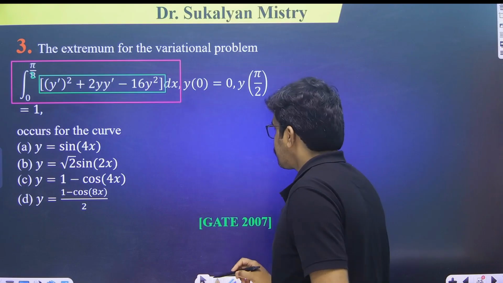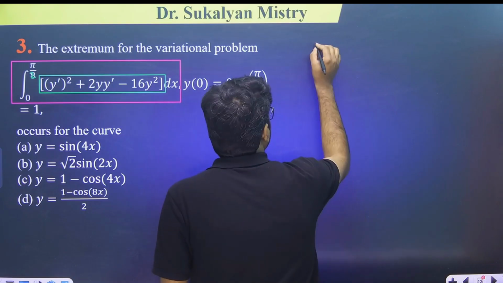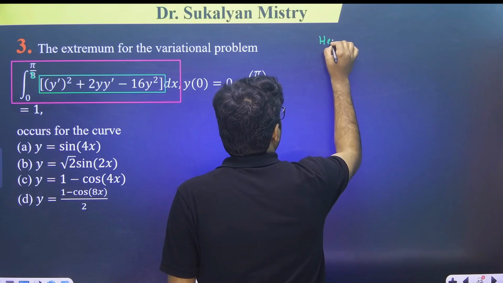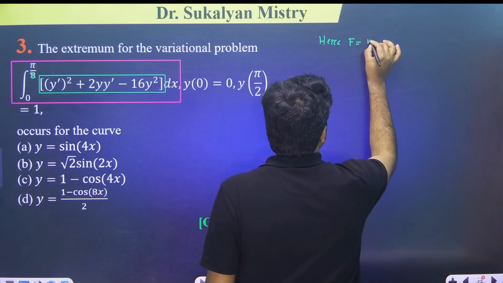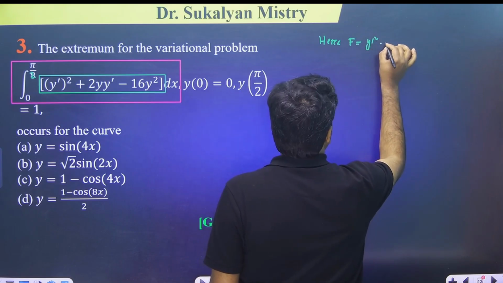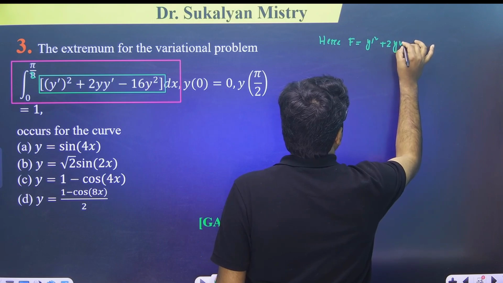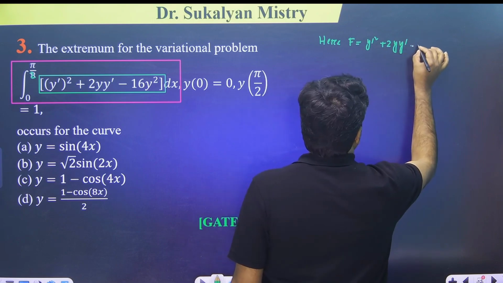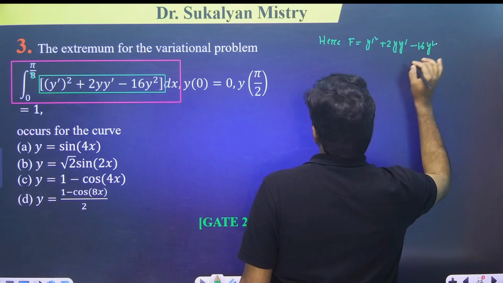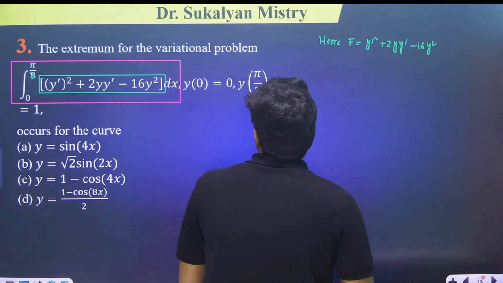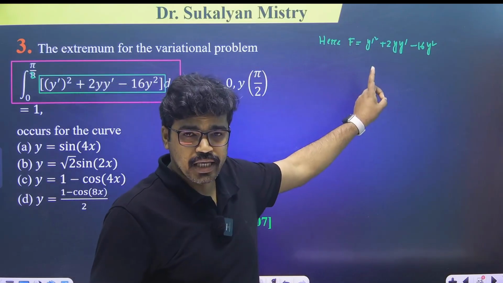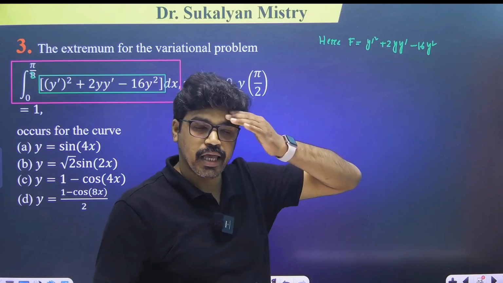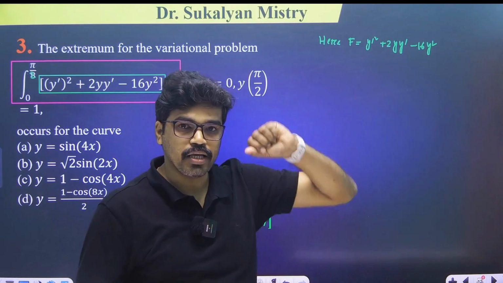Okay, so here f is y dashed square plus 2y y dashed minus 16y square. So this is f. That is, f is a function of x, y, y dashed.